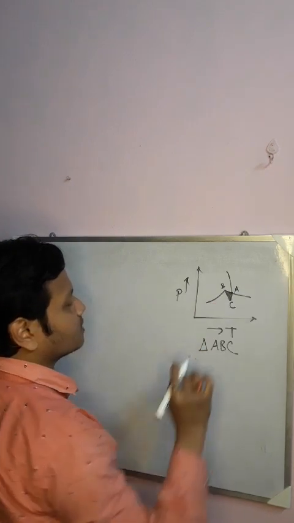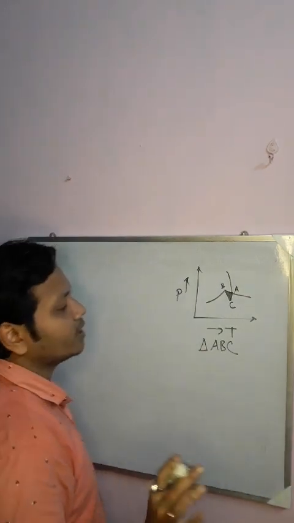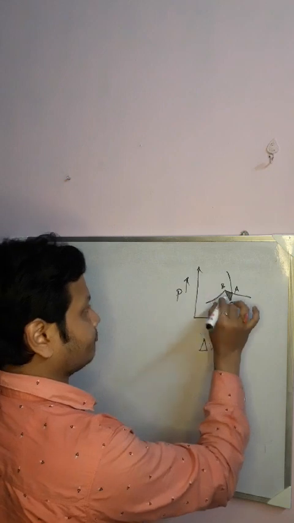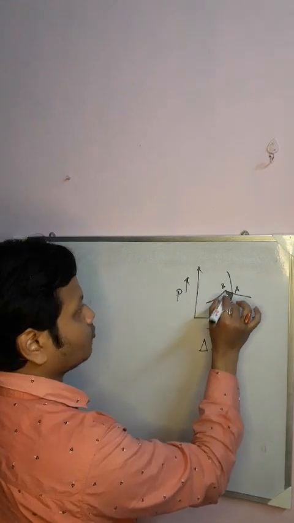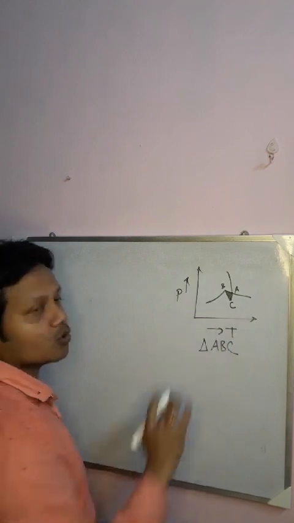Let us assume that these 3 points don't meet at a particular point and they cover this portion, that is within the shaded portion. Then what happens? This is not possible.